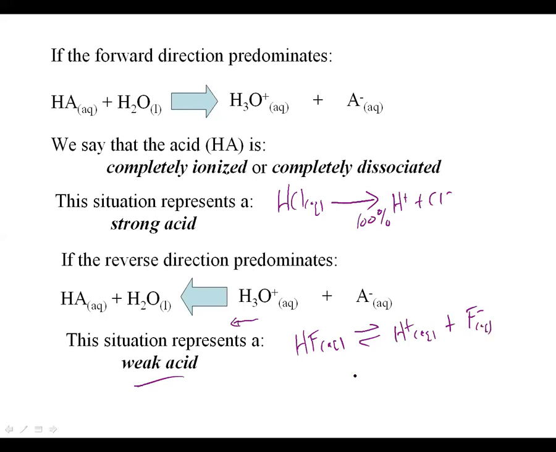This is mainly what you have in that solution, and the equilibrium is going in this direction, keeping it together, but still producing a little bit of H plus, which allows it to still be an acid, because by definition it is still able to produce H plus. Again, nowhere near the amount of H plus that would be produced by something like hydrochloric acid.